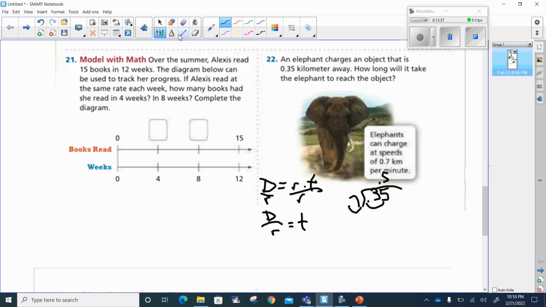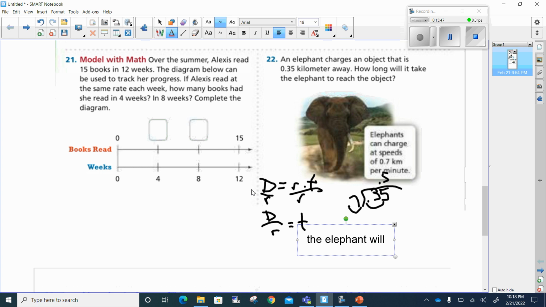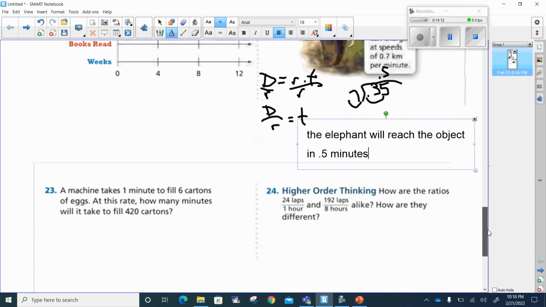So I can say that the elephant will reach the object in 0.5 minutes. Okay, so we're talking about 30 seconds basically. Better get out of the way quick.